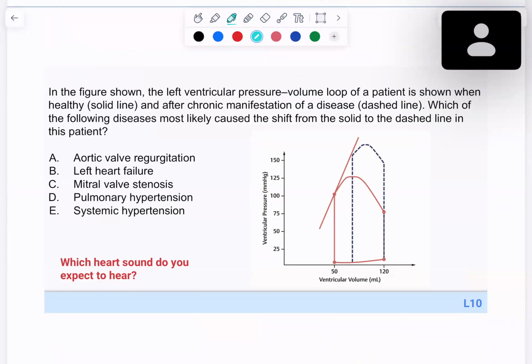So the next question says, in the figure shown, the left ventricular pressure volume loop of a patient is shown when healthy, which is the solid red line, and after chronic manifestation of a disease, which is this dashed line.